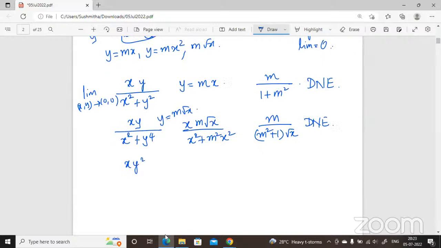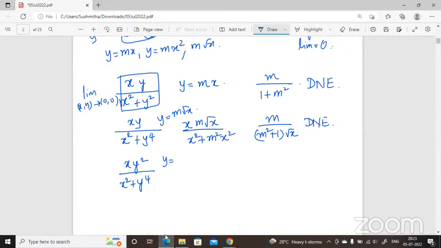Okay. If it was y squared plus y power 4, then we need to check. This is similar to this, right? Yes, but here power is 4. Power is 3. But I still have y squared in the numerator, no?